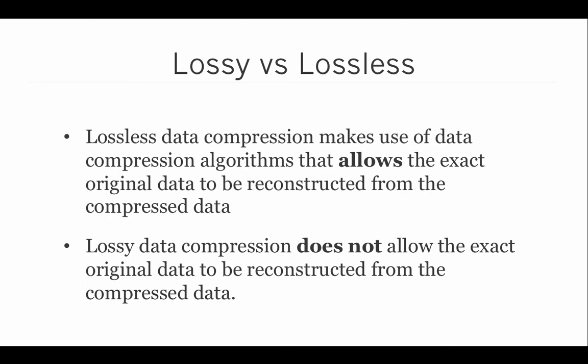And that's in contrast to lossy data where the compression does not allow the original data to be reconstructed. So lossy involves losing some information in order to make the file size smaller, and lossless is an algorithm that allows you to reconstruct the original data from that compressed item.